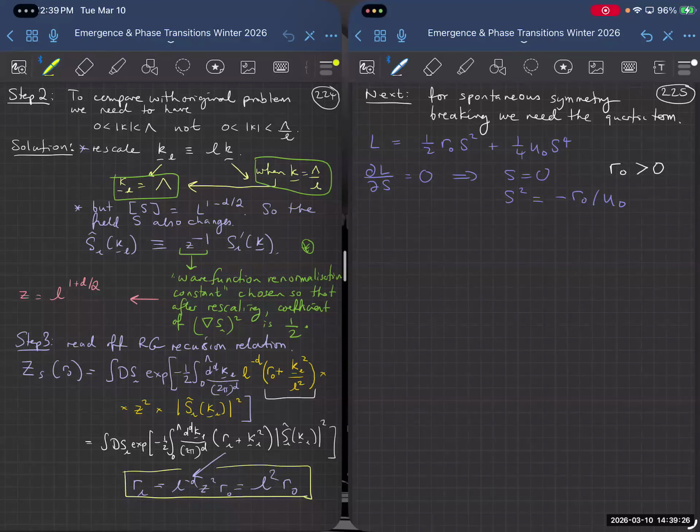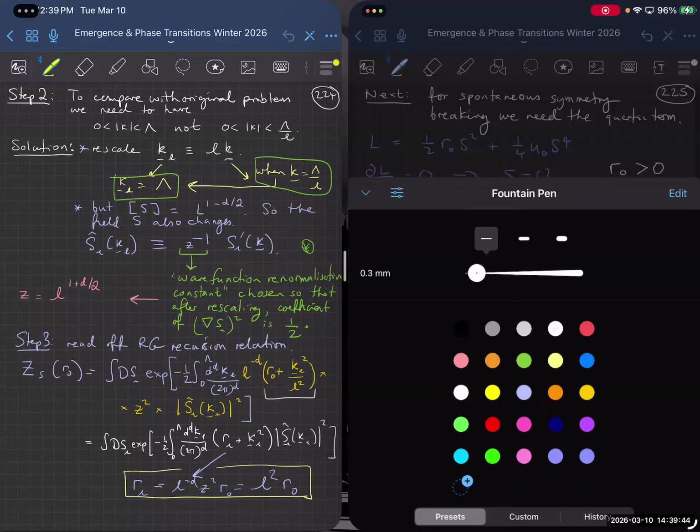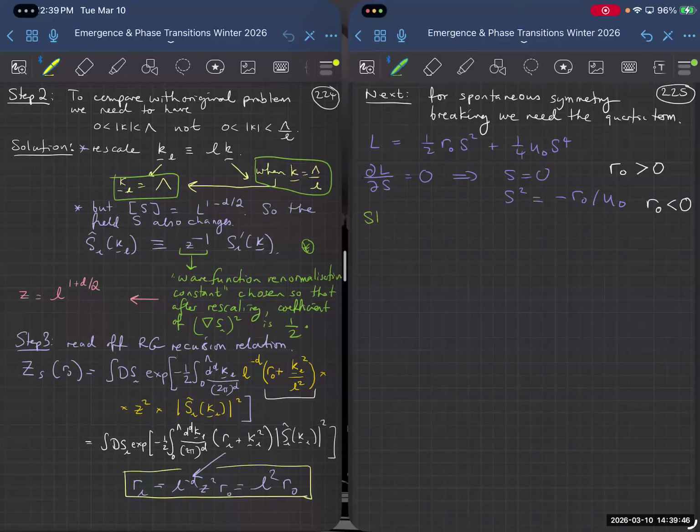And this is the solution when R naught is negative. Of course, S equals 0 will still work as well, but it's not going to be the one that breaks symmetry. So now the next thing we're going to do is perturbation theory in U naught.